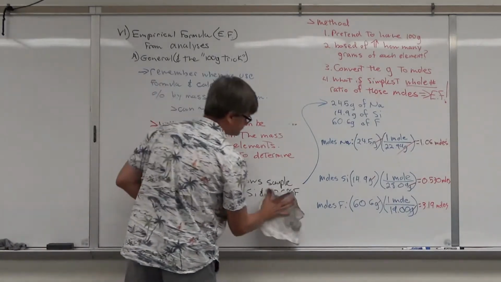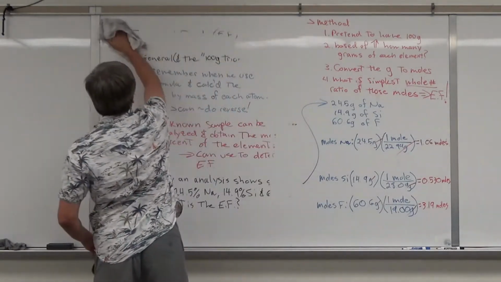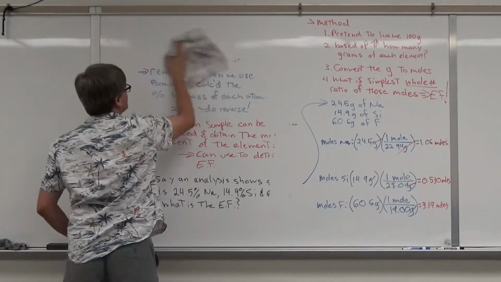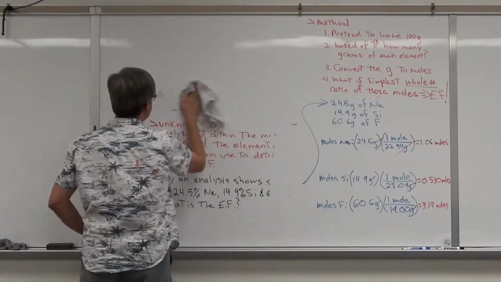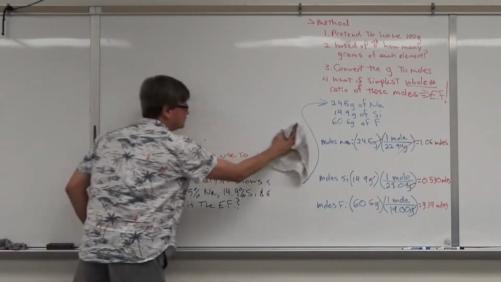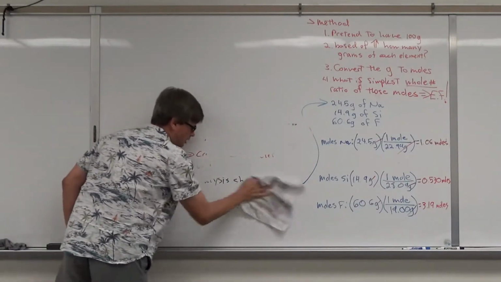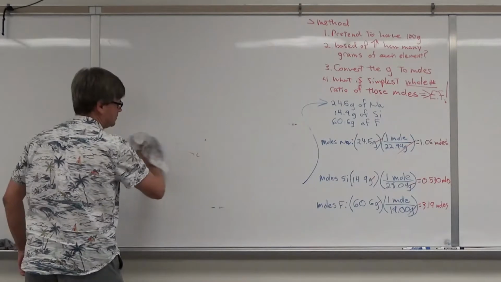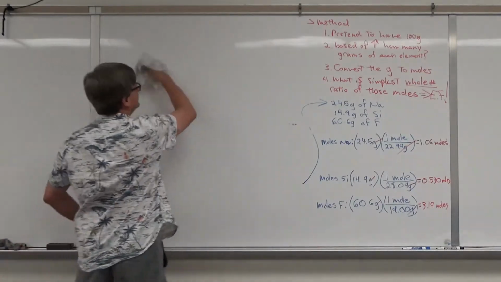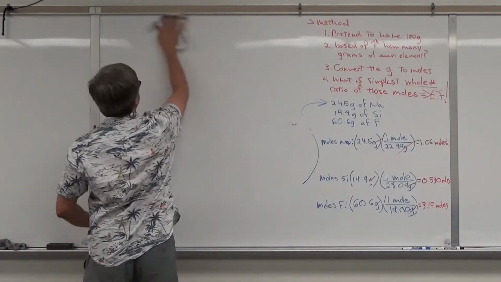And then hopefully that gives you nice, clean whole numbers. If it doesn't, then you'll be able to do what I think will probably be a fairly obvious manipulation to get the whole number ratio.